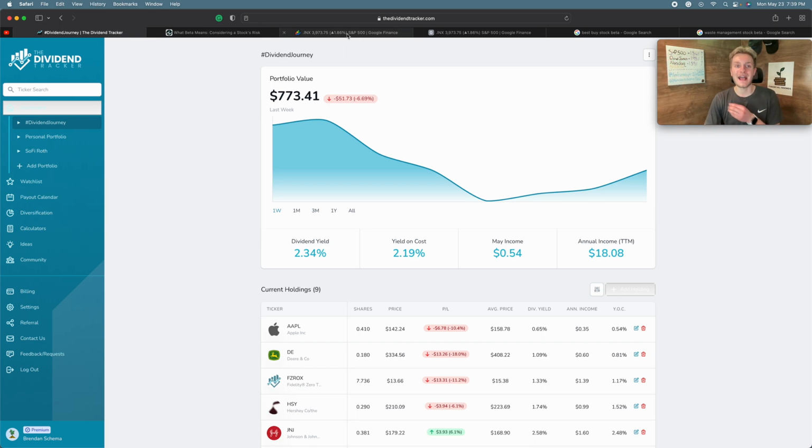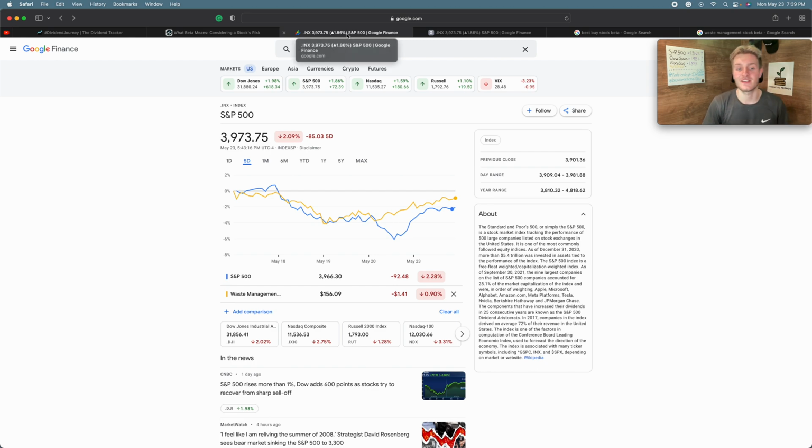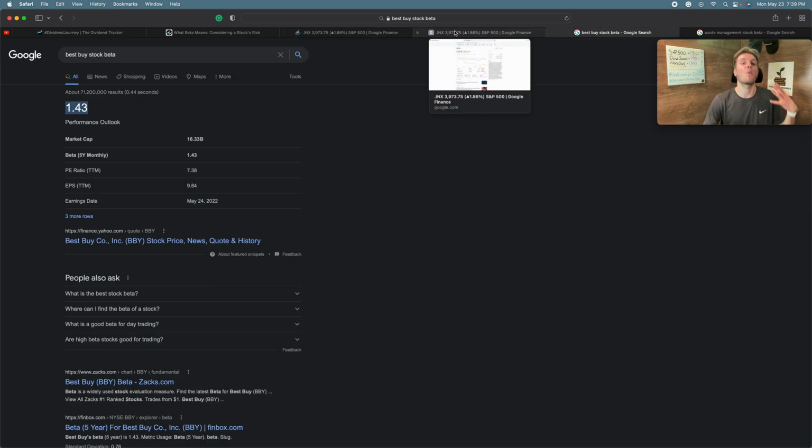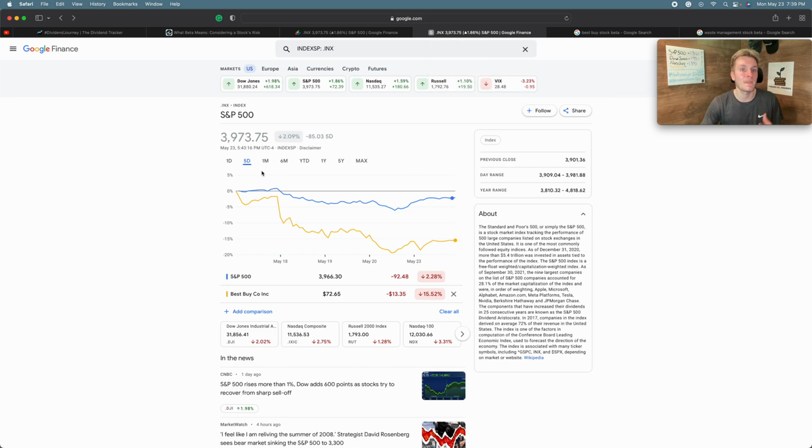Now, to make an actual visualization of this, we have the S&P 500 and Waste Management. Waste Management right here, you could see in the yellow, did not move quite as much as the S&P 500. Actually, it stayed above the S&P 500 in this instance, moving not quite as much, not as low of lows here. And then we could take a look at Best Buy, a company with a 1.43 beta, moving way more than the S&P 500.